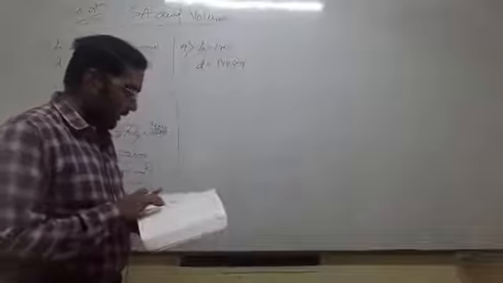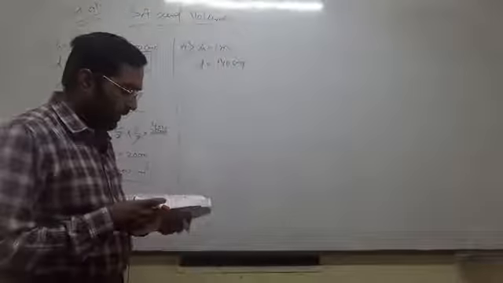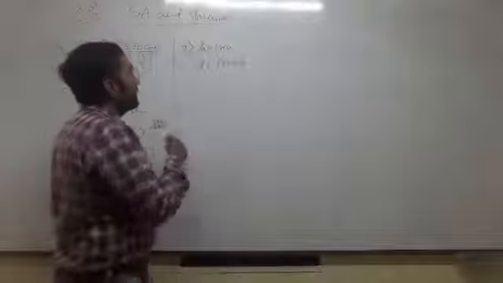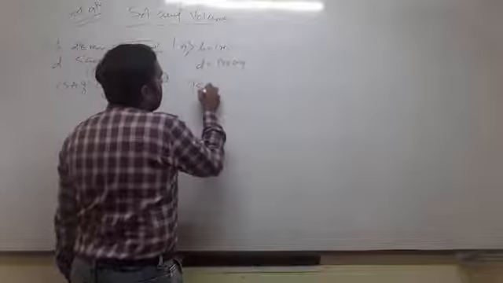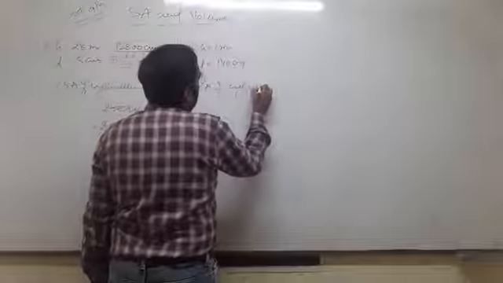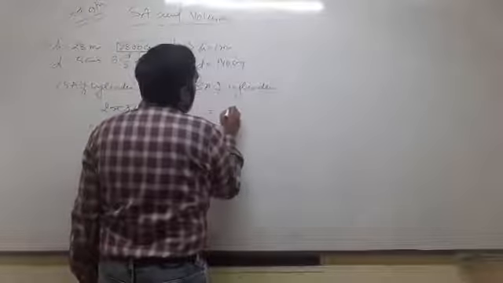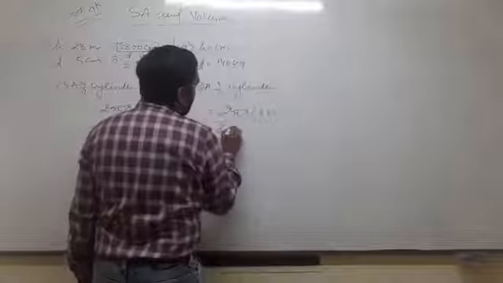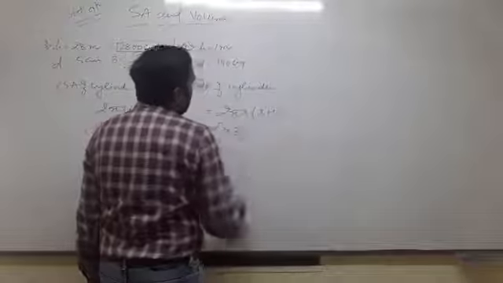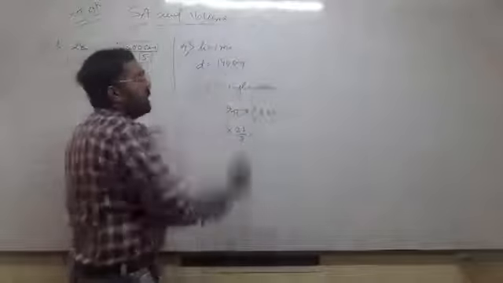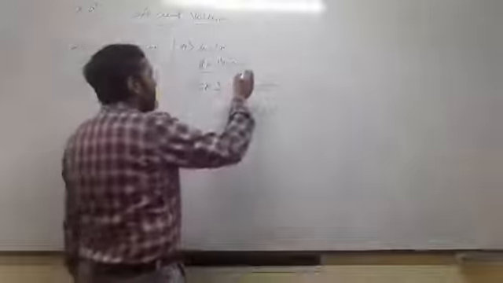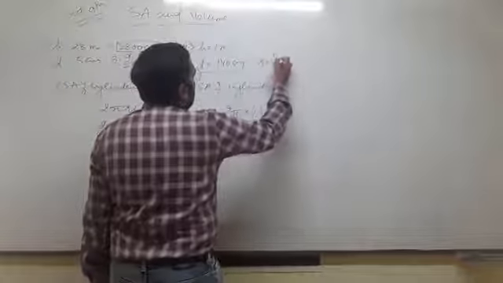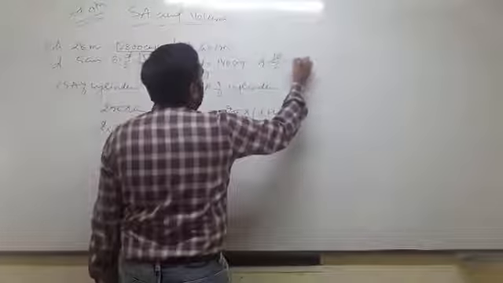Okay, so for that we have to find the total surface area of the cylinder. Now total surface area of cylinder is 2 pi r plus h. 2 into pi is 22/7 into r. Now here diameter is given, so first of all convert it into the radius. So radius is equal to 140/2, that is 70 centimeter.